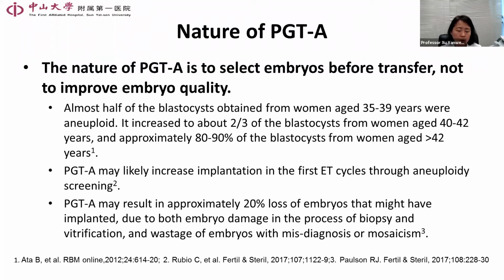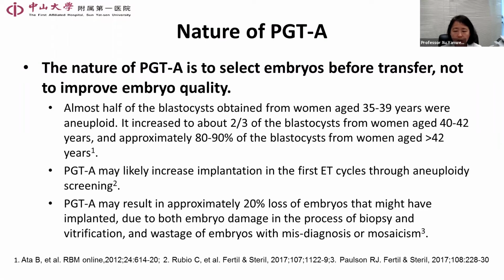And through PGT-A, that is the euploidy selection, women are likely to increase implantation rate in the first embryo transfer cycles. PGT-A, however, may result in approximately 20% loss of embryos that might have implanted, due to embryo damage in the process of biopsy and vitrification, and the wastage of embryos with misdiagnosis or mosaicism.